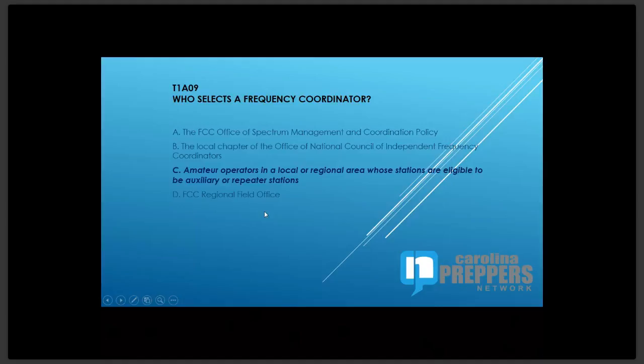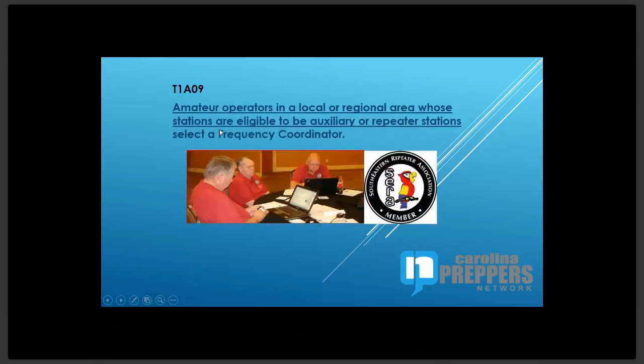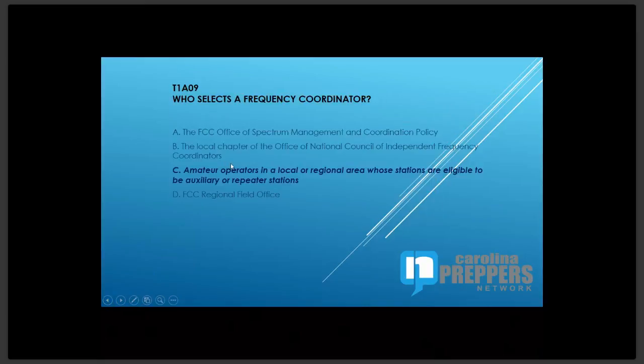Okay, so who selects a frequency coordinator? Well, the way you can answer that is that ham radio is a self-governing hobby. The FCC is there.